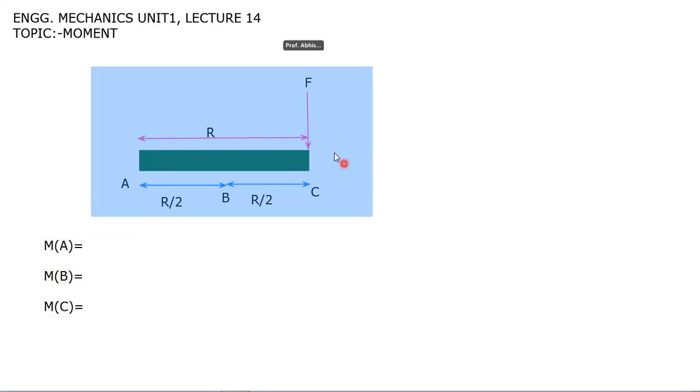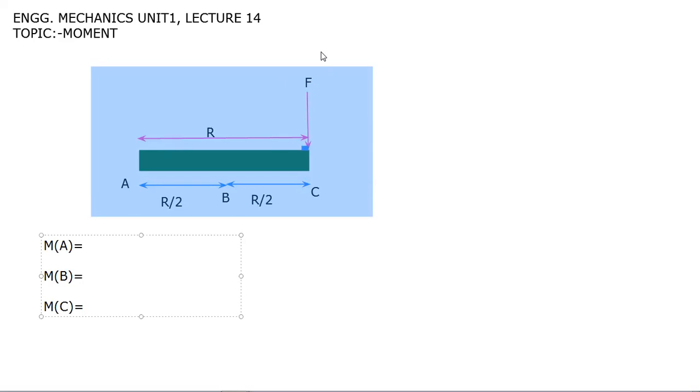What is the definition of moment? Force multiplied by the perpendicular distance. Remember this: the distance is perpendicular. Your distance must be perpendicular to the line of action of the force.